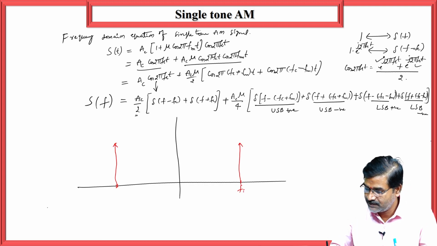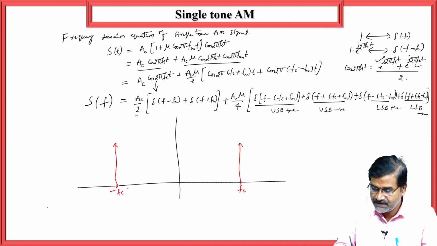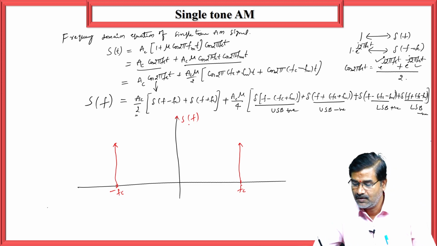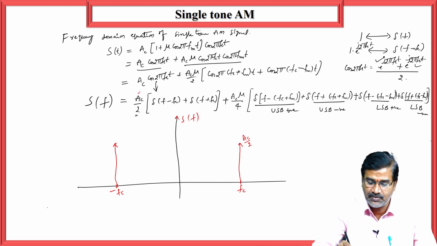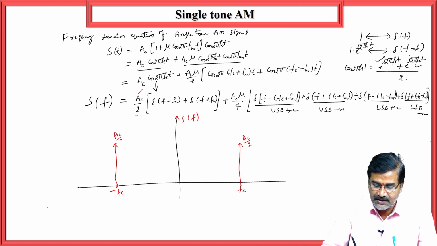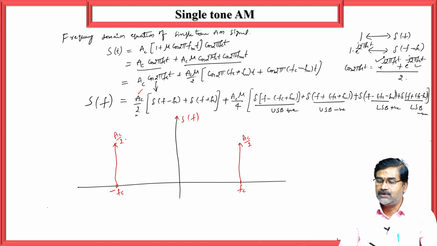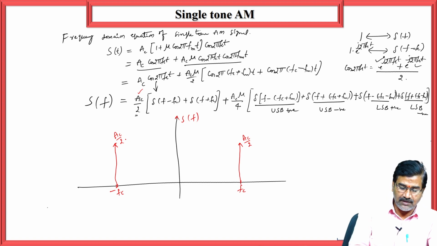So this is fc, minus fc. This is your S of f. Okay. So now the amplitude is Ac by 2. This is the amplitude. So Ac by 2 is the amplitude. So this will represent the carrier component of the signal.